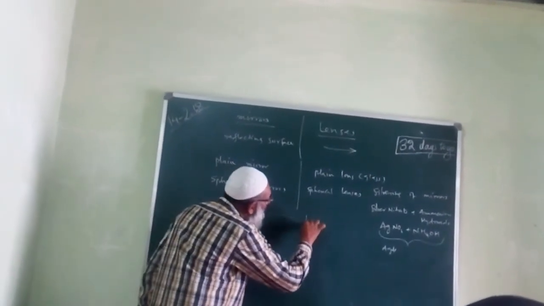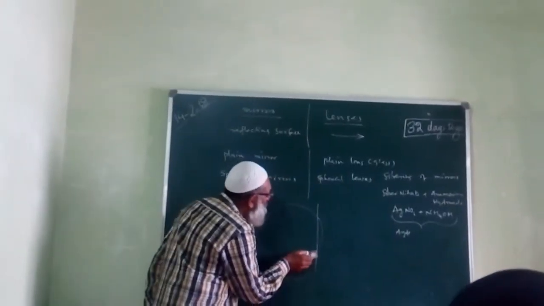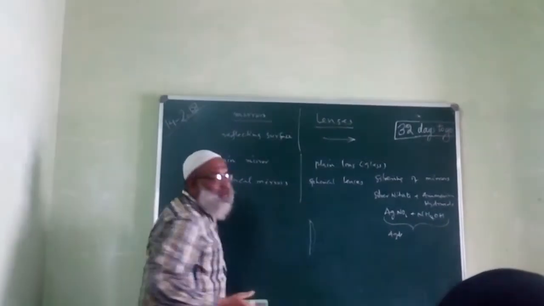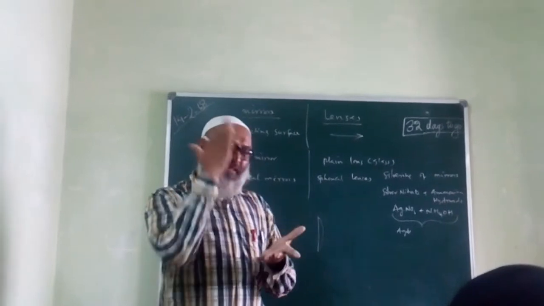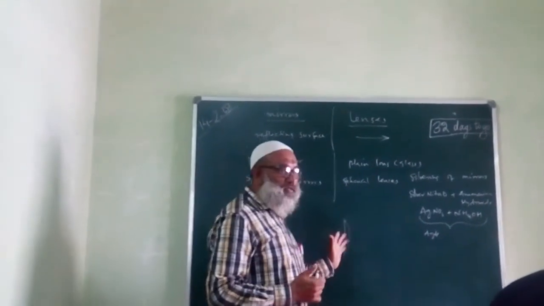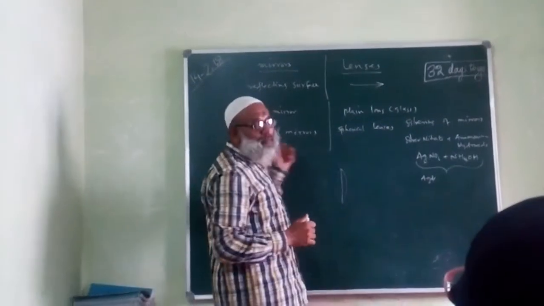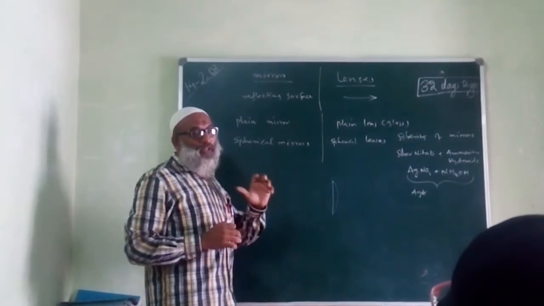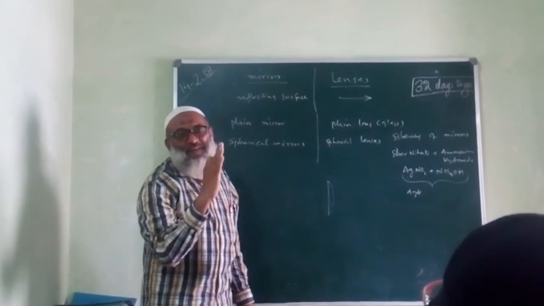I will cut a part of this. Imagine I have taken a sphere of glass, then I take a small piece. I call this a spherical mirror. Whenever we think of a spherical mirror, we have to consider it as a ball from which we have cut a part.